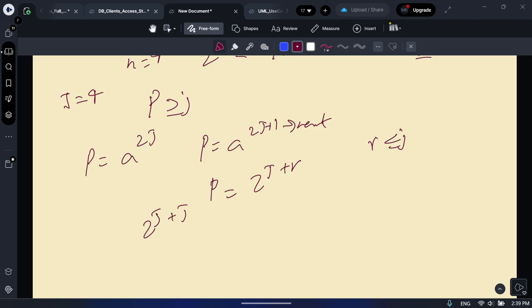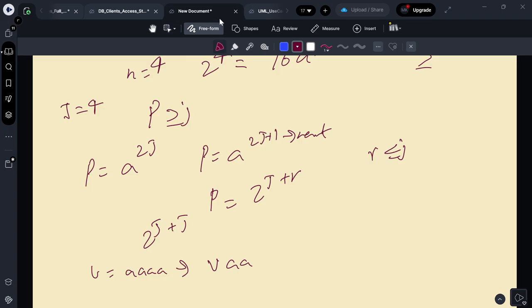Because we know that the length of U is equal to A, and the length of V is double A. And because we know that J is always strictly smaller than 2^J, we can do this algebraic step where 2^J plus J is less than 2^J plus 2^J, which is equal to 2 multiplied by 2 to the power of J, that is 2^(J+1).